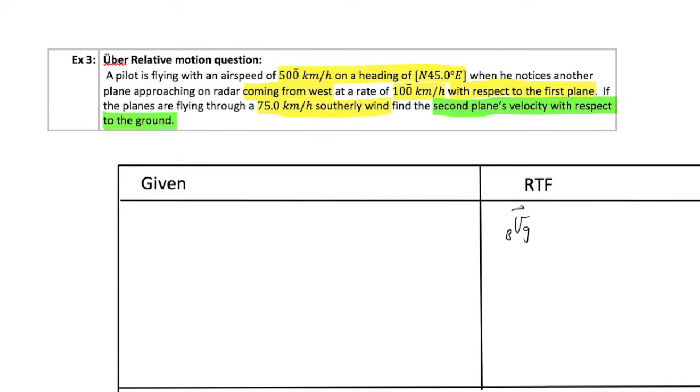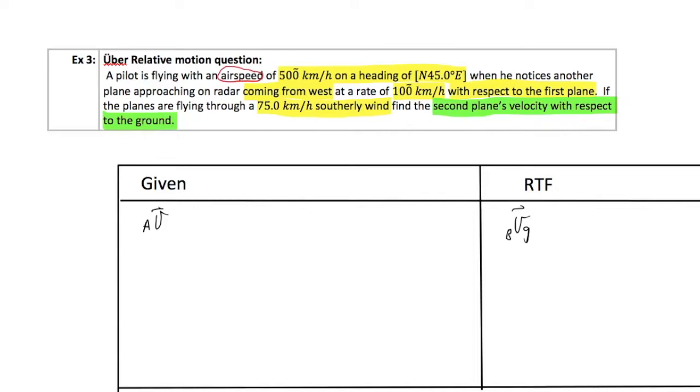Next, let's start identifying the information that we were given. So a pilot is flying with an airspeed. So our first plane is moving at 500 kilometers per hour on a heading of north 45 degrees east. So we have the letter A to represent the first plane and V for velocity. But what is it in reference to? The key word, airspeed. That means it is measured in comparison to the air.